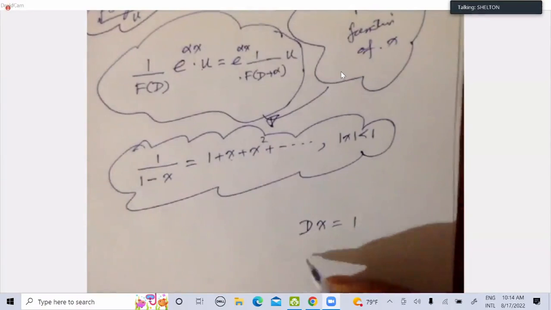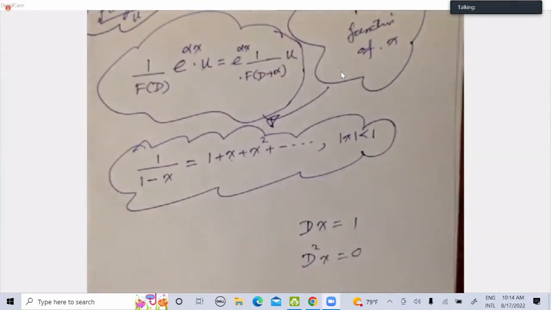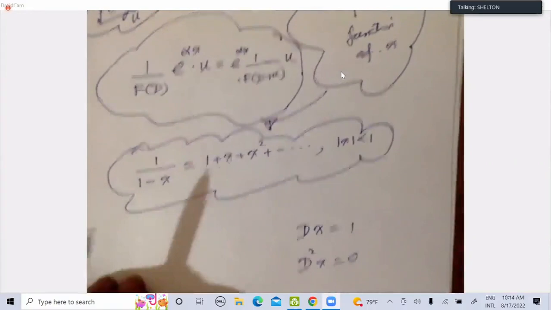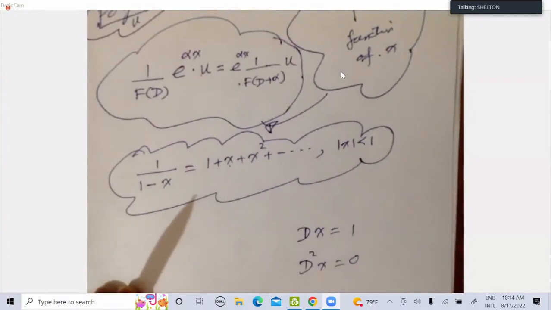Now D of x කිව්වොත් 1යි. D squared x කියන්නේ බිංදුවයි. දෙපාරක් අවසන්. ඒකෙන් තමයි අනිත් particular solutions හොයන්නේ, e to the alpha x තිබ්බේ නැත්නම්.